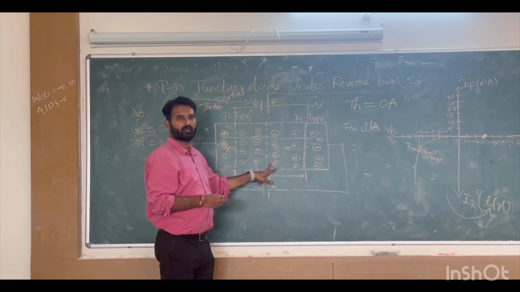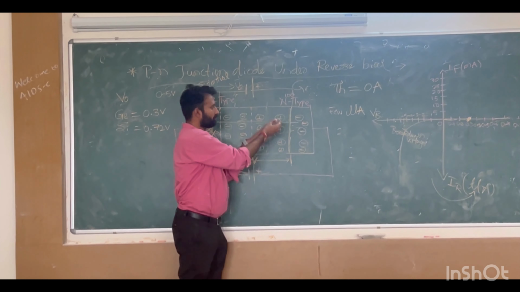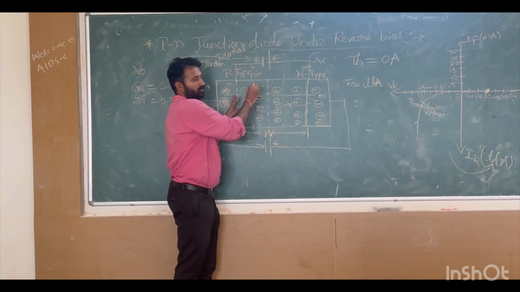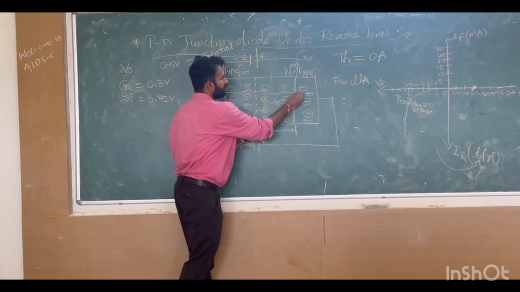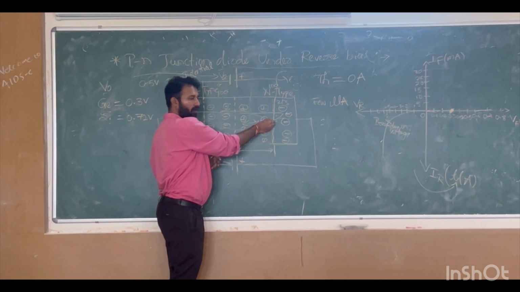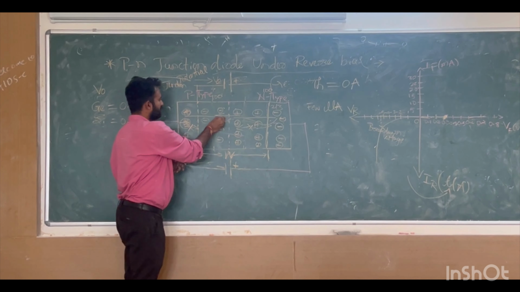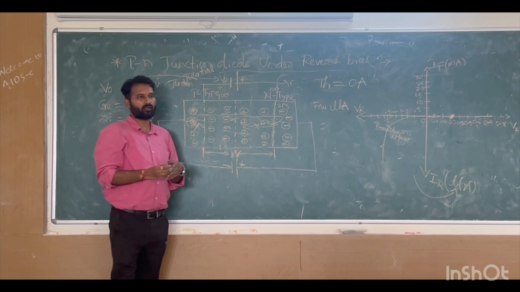So what will happen? Focus here. For example, I have 100 electrons and 100 holes. Maybe 2 or 3 electrons will try to cross and they will cross this junction and come and occupy here. And some few holes will cross this junction and occupy here.